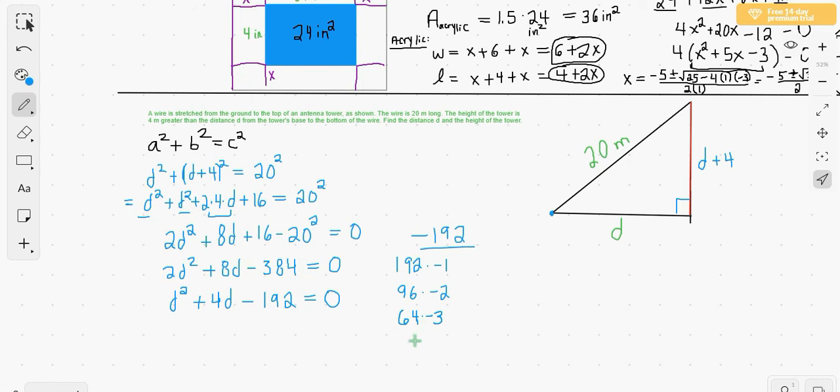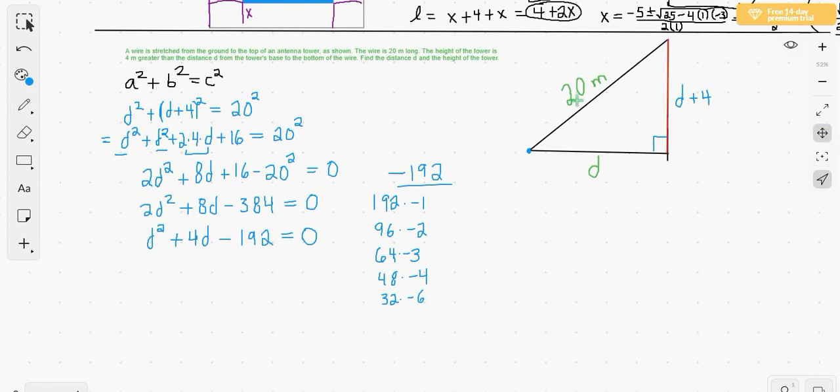How many times though? I think it's 48 times. So 48 times negative 4. I'm still not quite to positive 4 when I'm adding them together, so we've got to keep on going. There's also 6 times 32, I believe. So 32 times negative 6, that is.